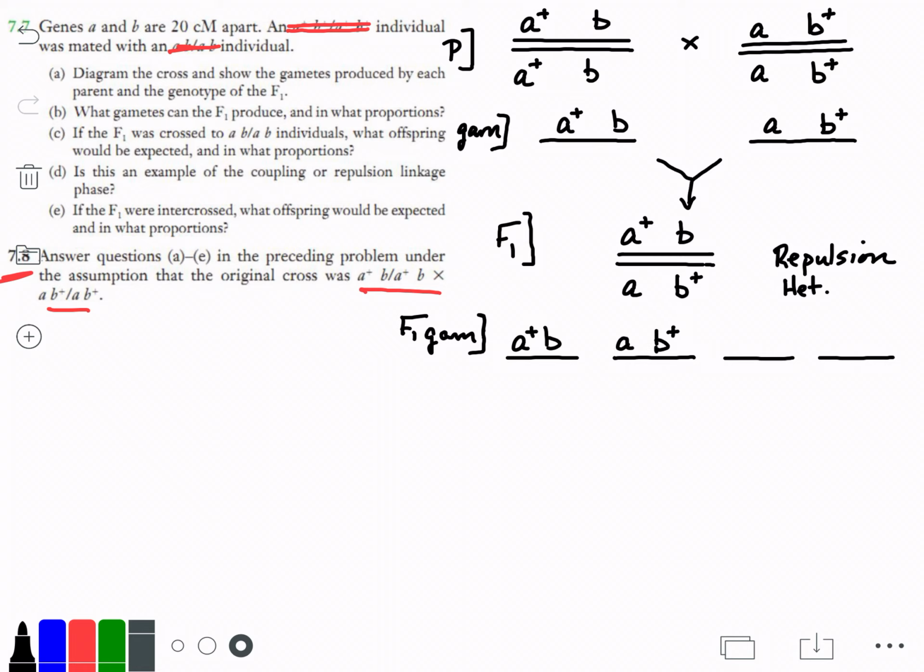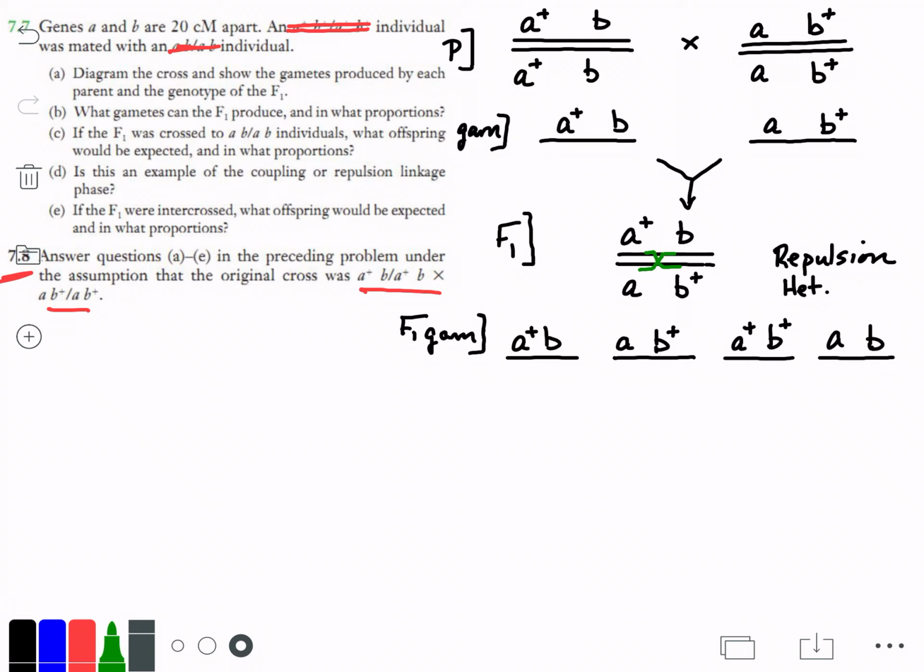Those are what we'd call the parental type gametes, because they're exactly the same gene organization as the parents. The other 2 that I'm going to get would occur if I had a crossing over event that happened to occur in between there, when I would get A plus B plus for one and the converse AB for the other.